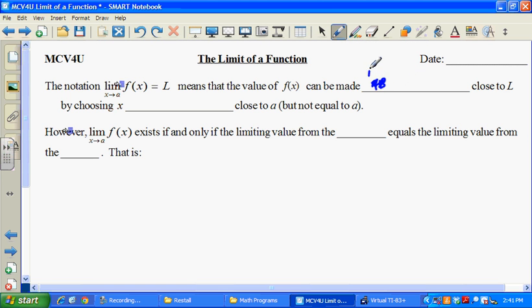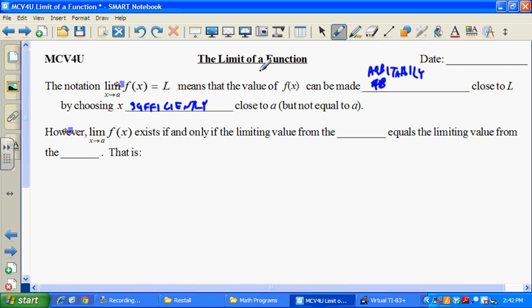Arbitrarily, let me write that out so you can spell it. Arbitrarily close to L by choosing x sufficiently close to a, but not equal to a.